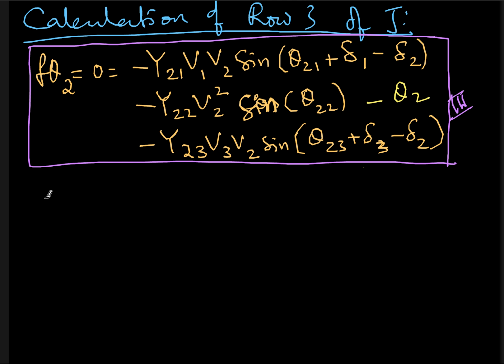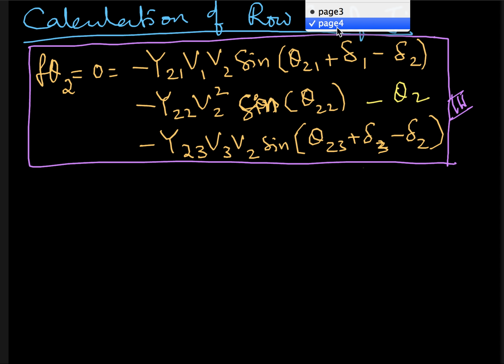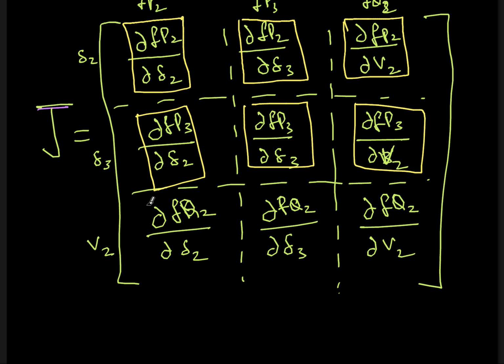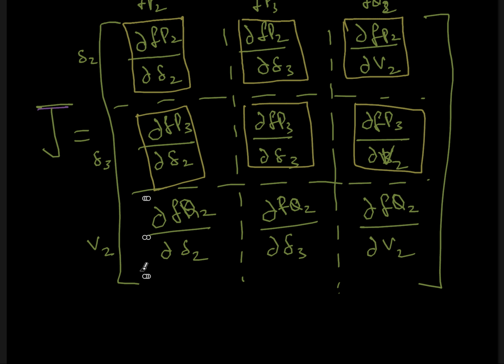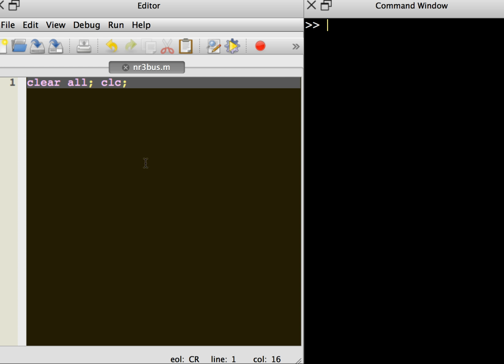Then the first element of the Jacobian in row 3 is this one now. The function is q2, and I differentiate with delta 2.